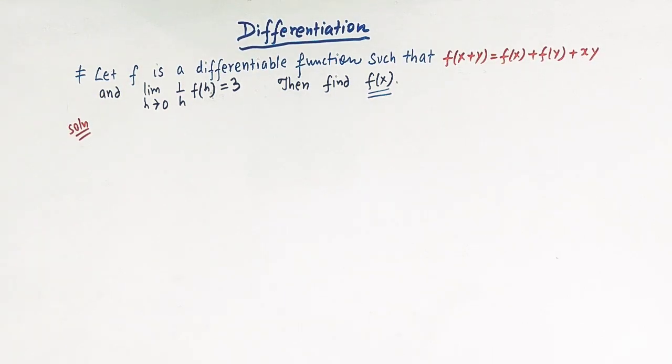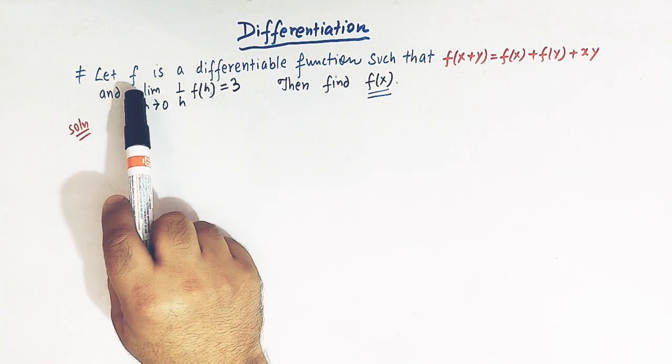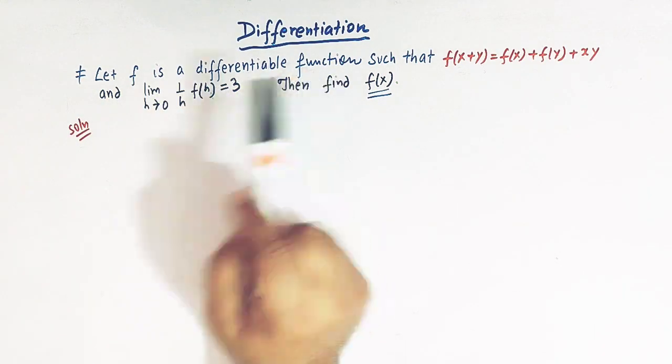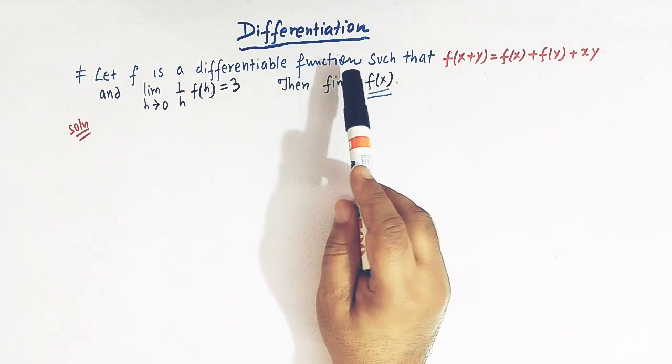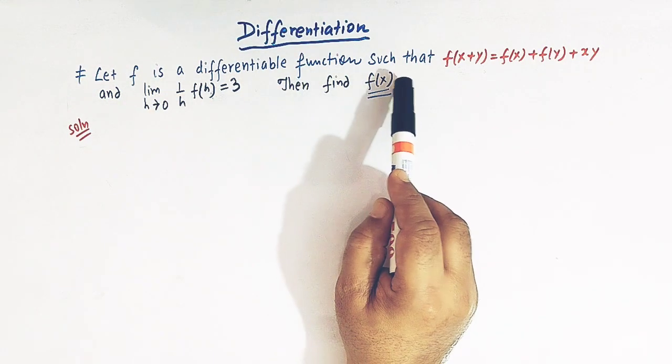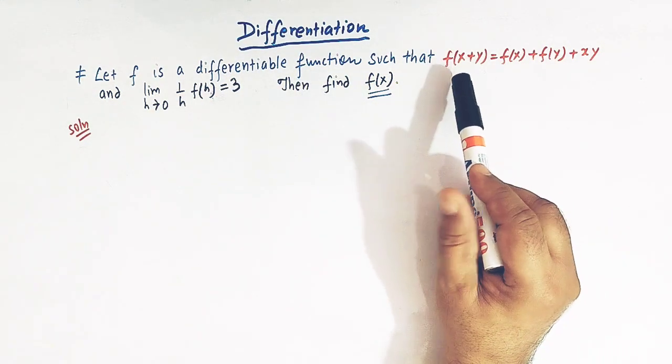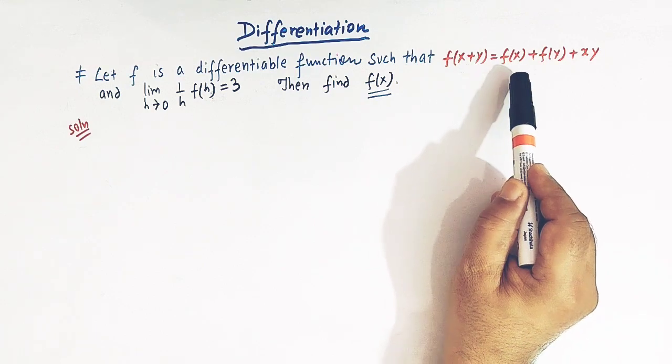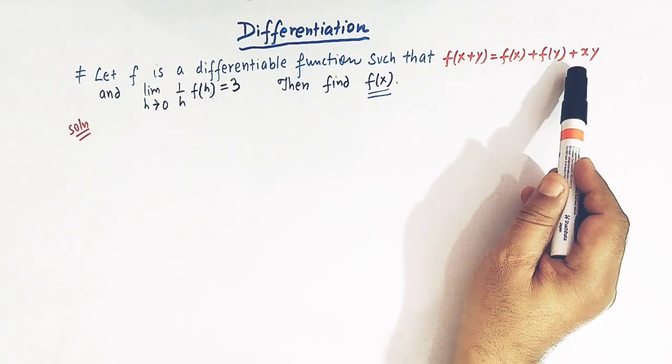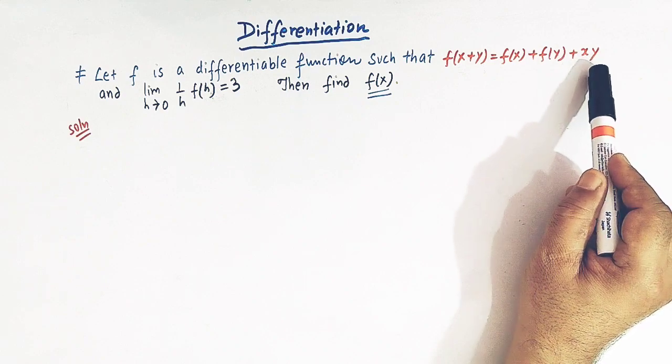Here we are given a function f which is a differentiable function, and the property of the function is such that f of x plus y is equal to f of x plus f of y plus the product of x and y.